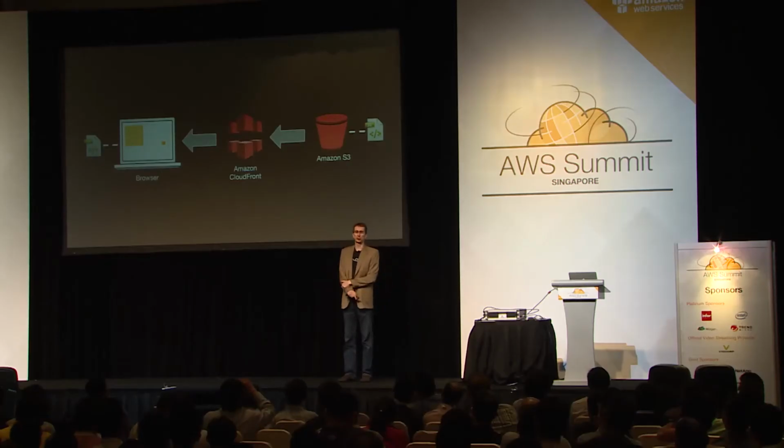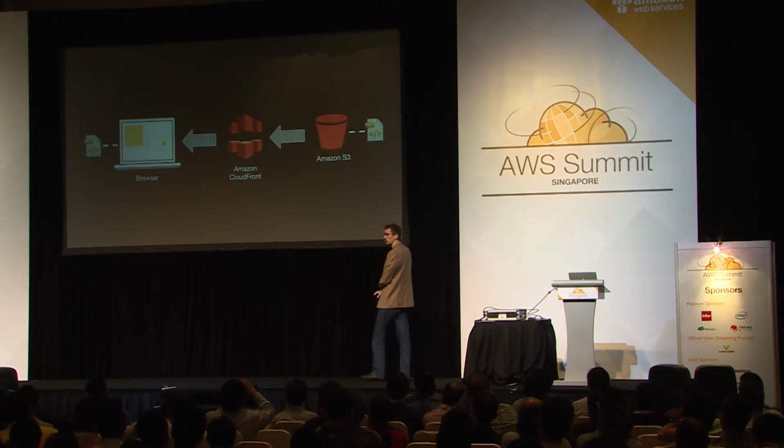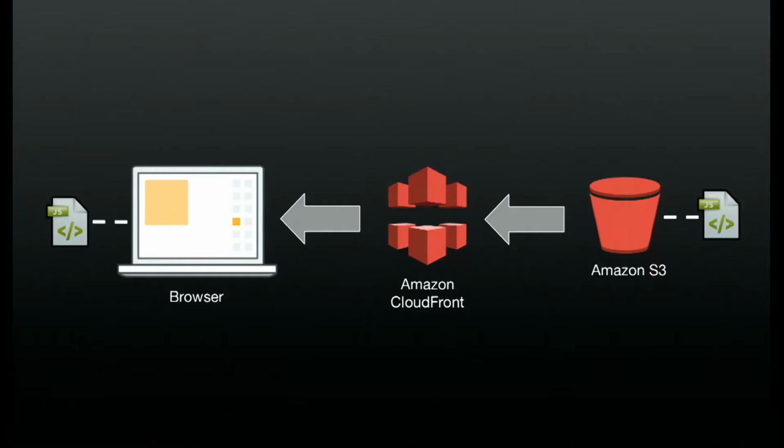For example, with S3. Amazon S3 is not just a storage system or service. It's also able to deliver content to the customers over the web. And of course, you can accelerate and cache this delivery, scale out globally by using the Amazon CloudFront CDN in front of that. So that's a simple way to deliver your application to the customer devices.